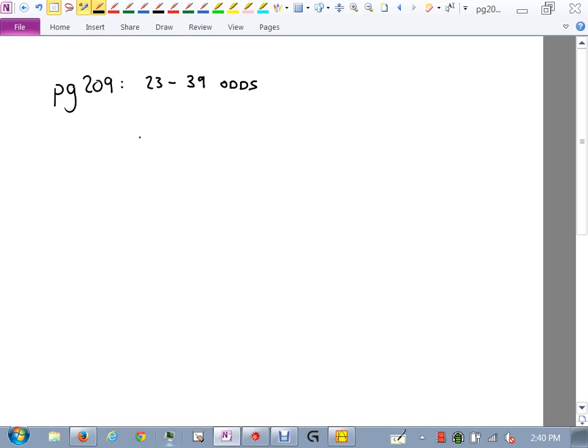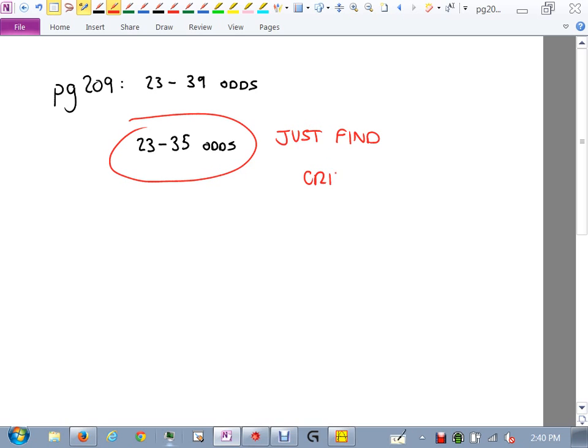But here's the thing you have to pay attention to. 23 through 35 odds, right here, these, just find critical numbers.